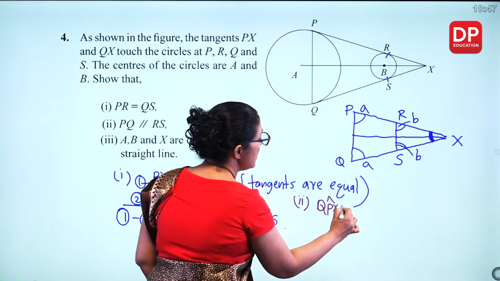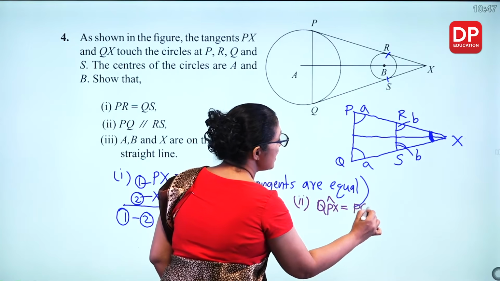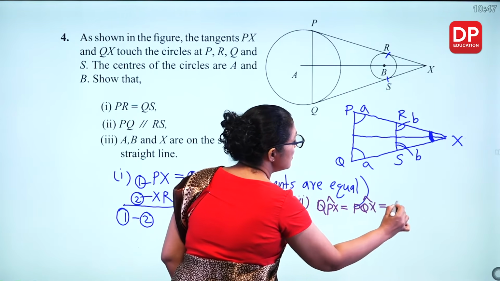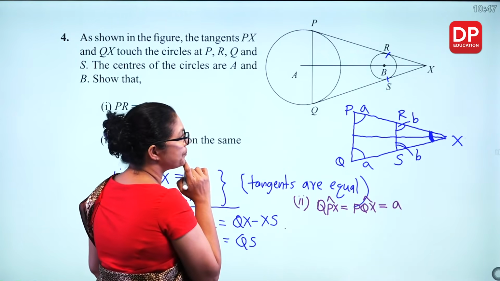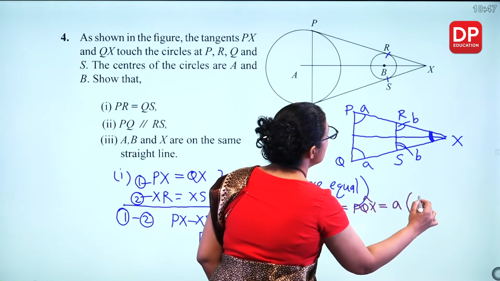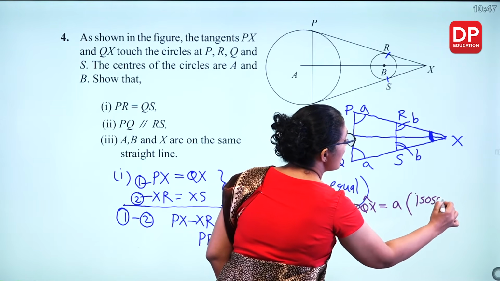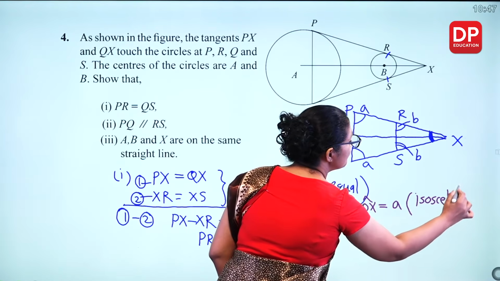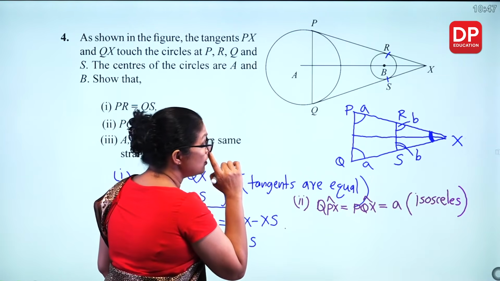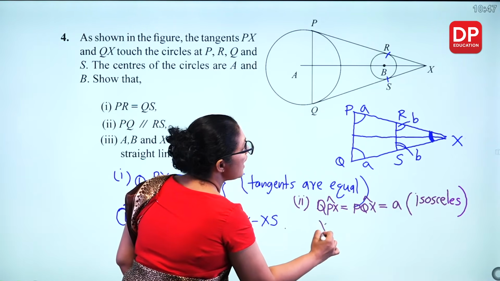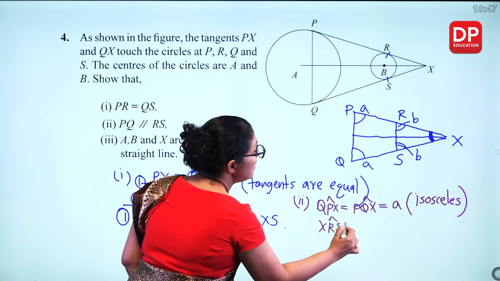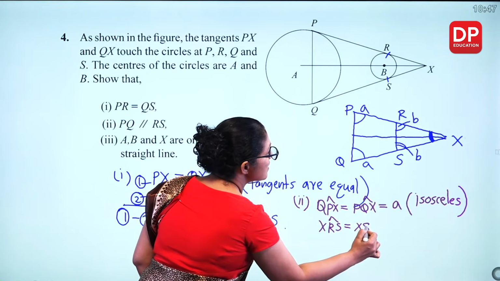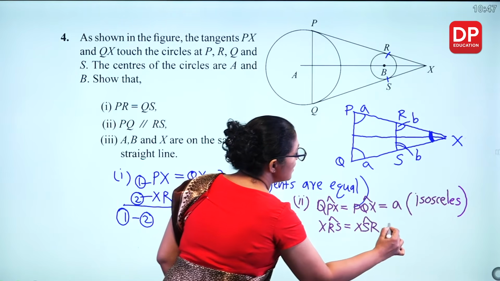PQX angle is same as PXQ angle, and I'll put A because of isosceles triangle. And also XRS angle is equal to XSR angle.